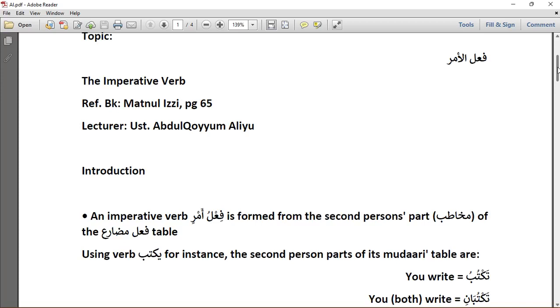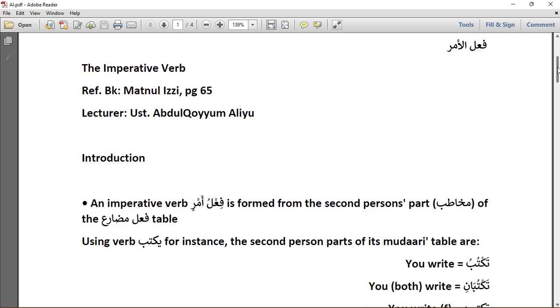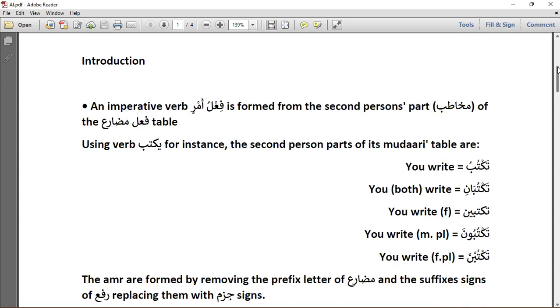So we have تفعل, تفعلان, تفعلون, تفعلين and تفعلن. Taking kataba as an example, from kataba we have yaktubu. So we have taktubu, taktubani, taktubina, taktubuna and taktubna.